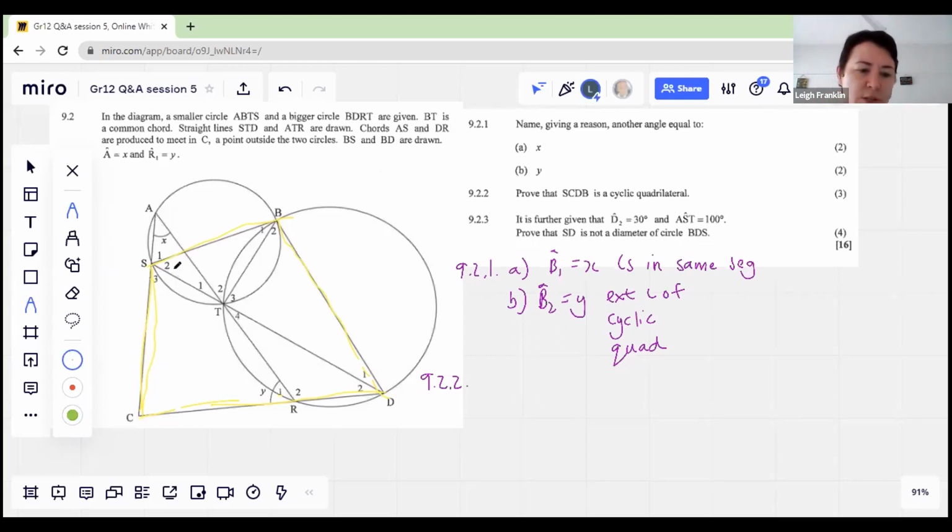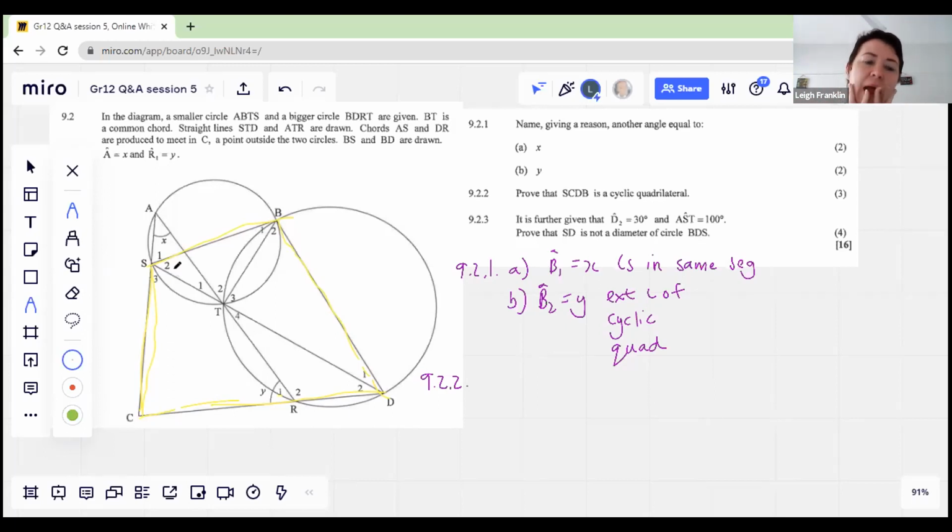Karaba, 100%. Why would we immediately throw away converse angles in the same segment? Why would we not even try that in this case? Because there's no bow tie or butterfly. One of you called it a butterfly or angel wings, which I think is much nicer than a bow tie. But yeah, there's no angel wings. There's no bow tie. So we're going to have to get rid of that. Right.